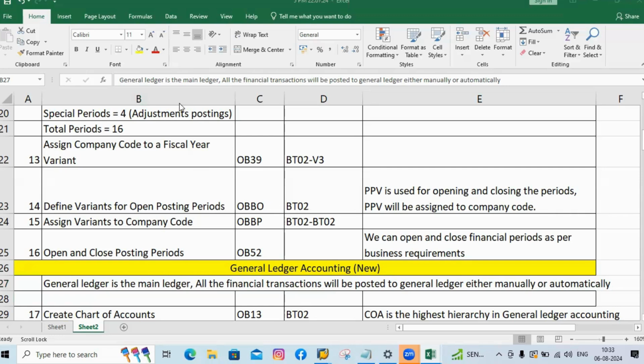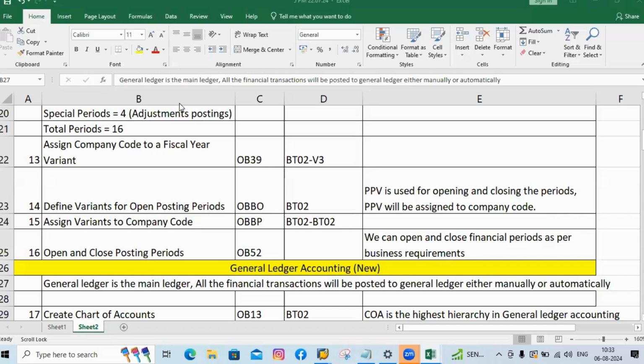In GL accounts, the chart of accounts will be the main index and will define all the transactions. Okay, fine, but it's not the exact answer we are looking for.